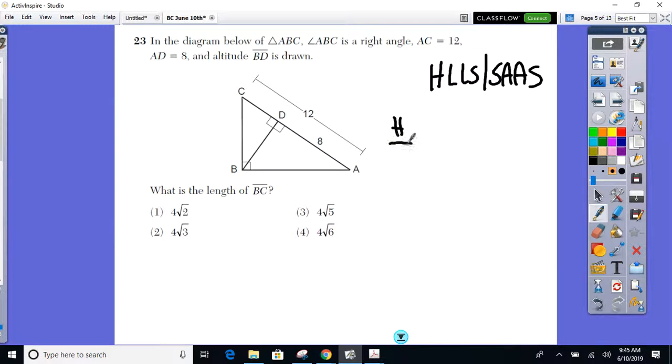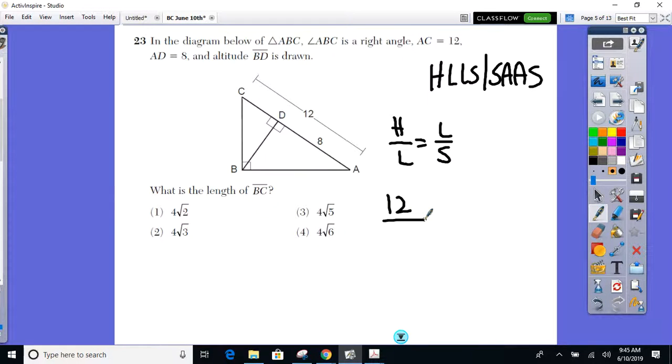This is a right triangle hypotenuse. For the hypotenuse of the right triangle, how long is it? So in H, I'm going to put 12.